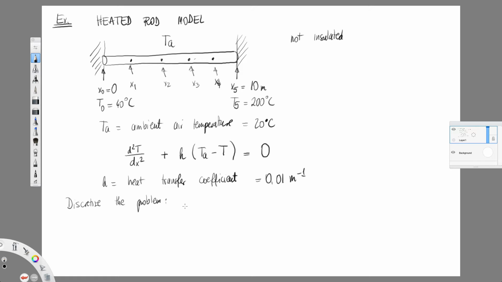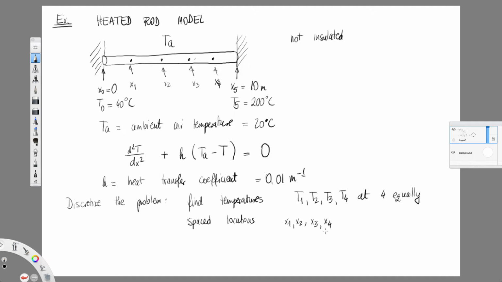We will find temperatures, and I will refer to the temperatures as T1, T2, T3, T4 at 4 equally spaced locations, X1, X2, X3, X4.